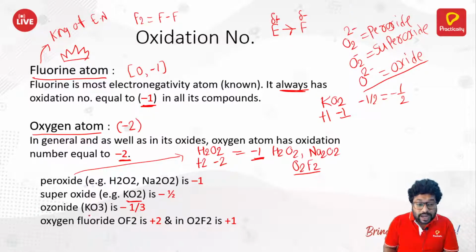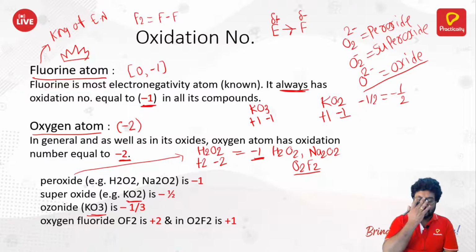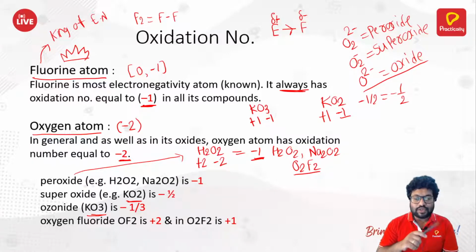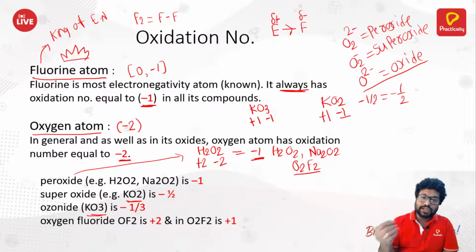Then ozonide, KO3. Again in KO3, you got potassium there. As I just told you, potassium stays in +1. That means O3 must have -1. Why am I immediately saying this? Because the overall charge of the compound is 0, so whatever charge you have for one atom, the other elements should have the same charge with opposite sign.